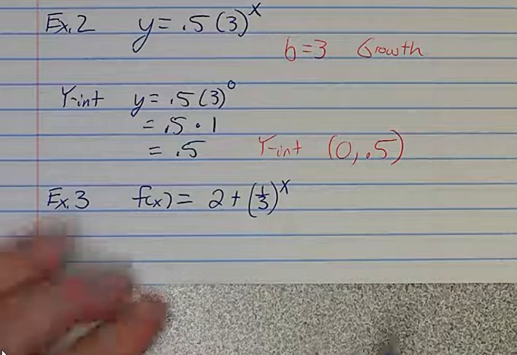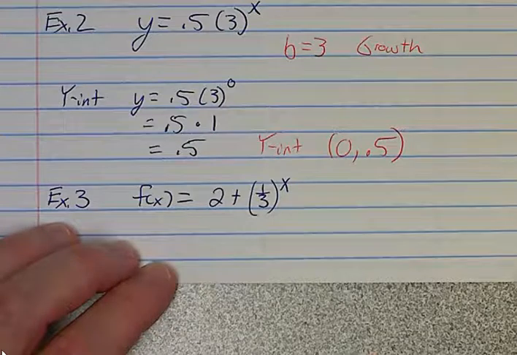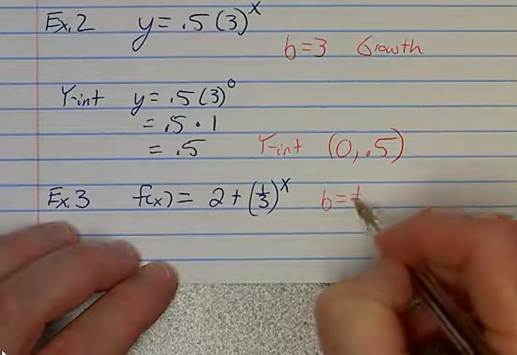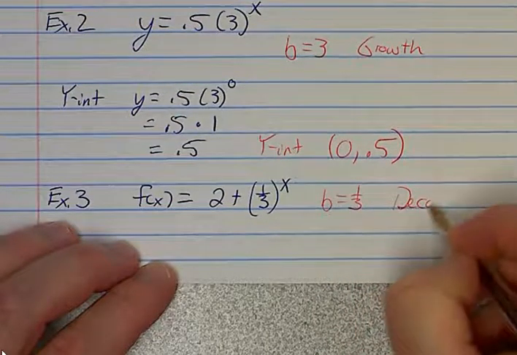Same thing with this one. You've got 1/3 to the x power, and you've got the 2 to add to it, but the main thing is whatever x is, it's in the exponent, so that means your base would be 1/3. And since the base is less than 1, that means it's going to be decay.